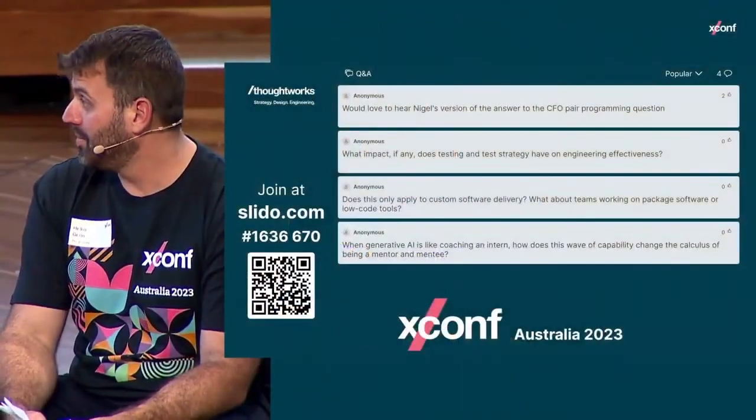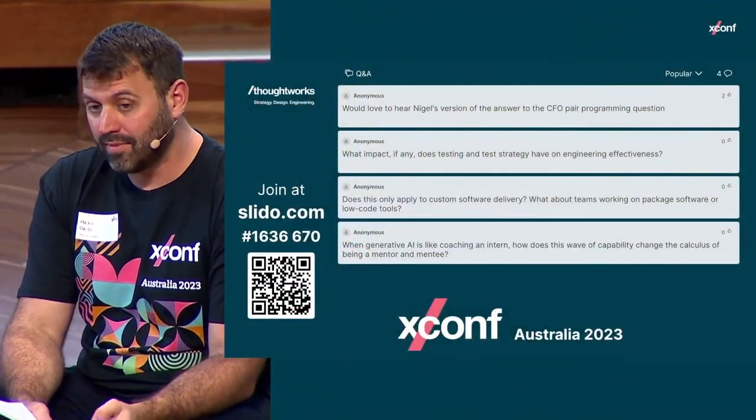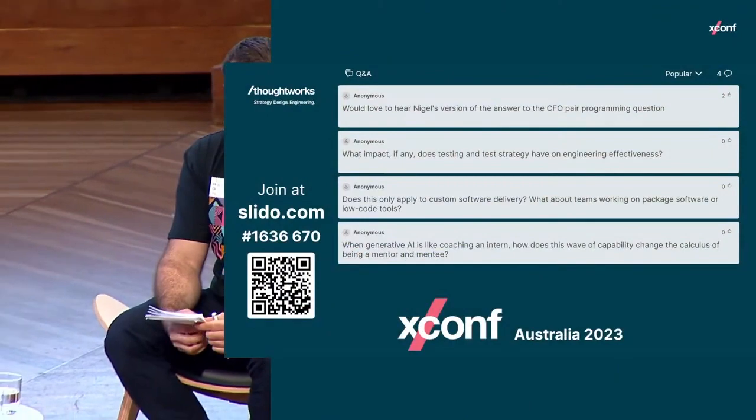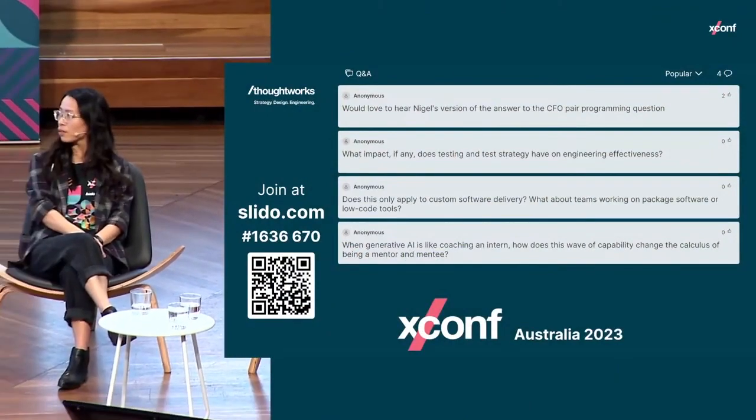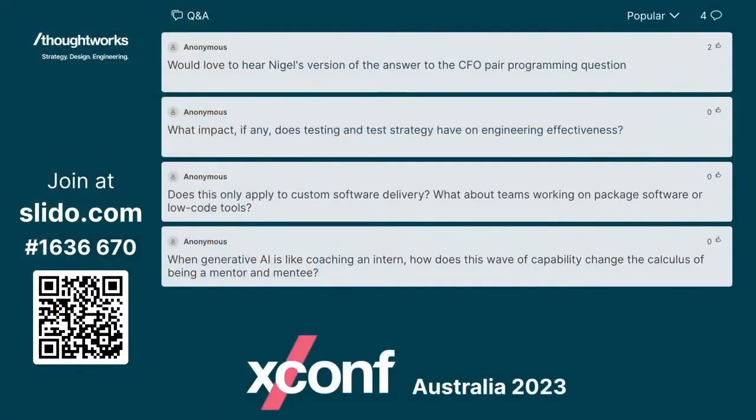I think the tendency of Australian companies to offshore huge chunks of that stuff without thinking hard about it, and just thinking, okay, the boundary is done, I never need to think about whether those people are effective or not, has created some legendary crises in Australian business.